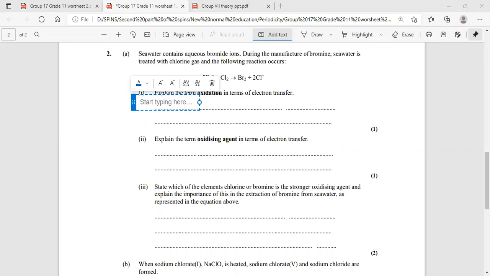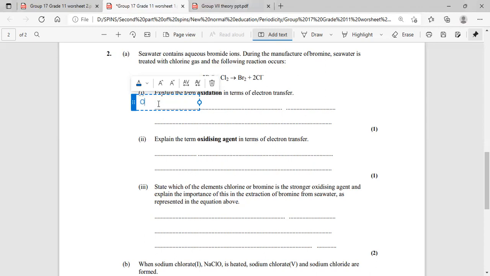I don't really know. The electron lose form. Hmm.